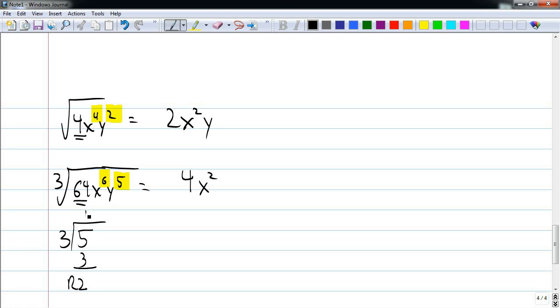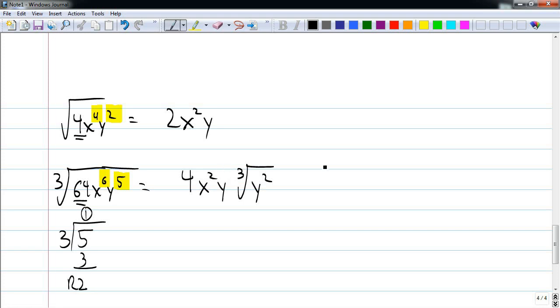Okay? The quotient I put outside of the radical, and the remainder I leave inside of the radical. Okay, so it looks like that. 4x to the 2nd y times the cube root of y squared.